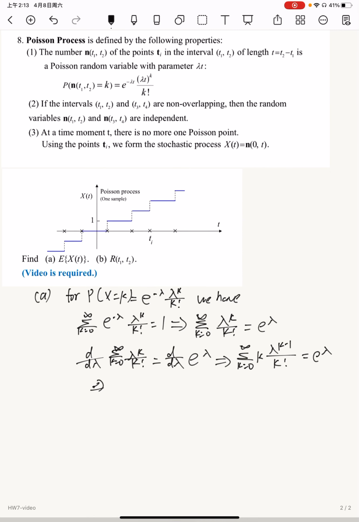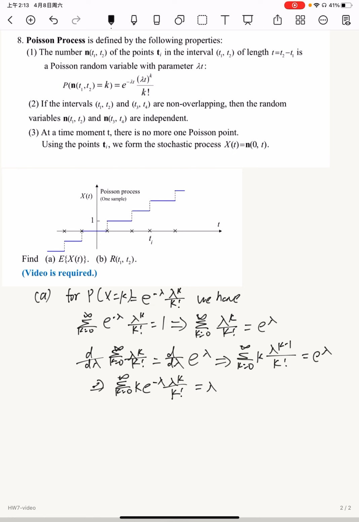And then we can get the sum from k equals 0 to infinity of k e to the minus lambda, lambda to the k over k factorial, which equals lambda.